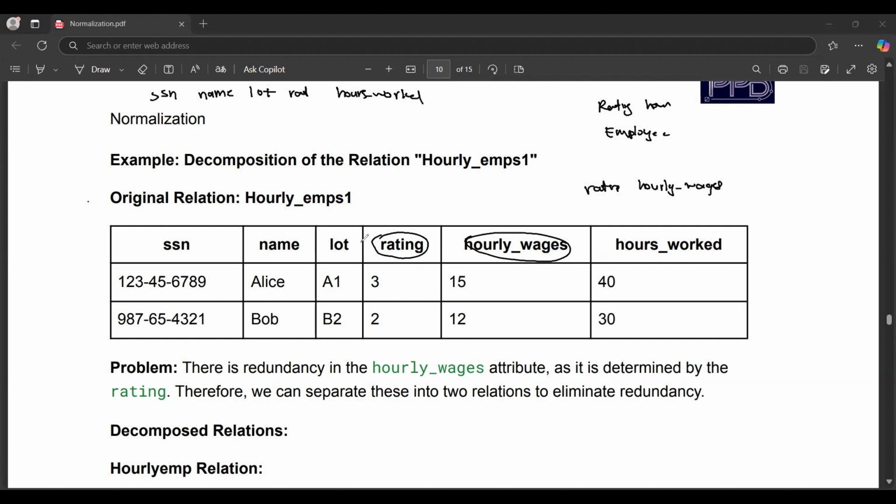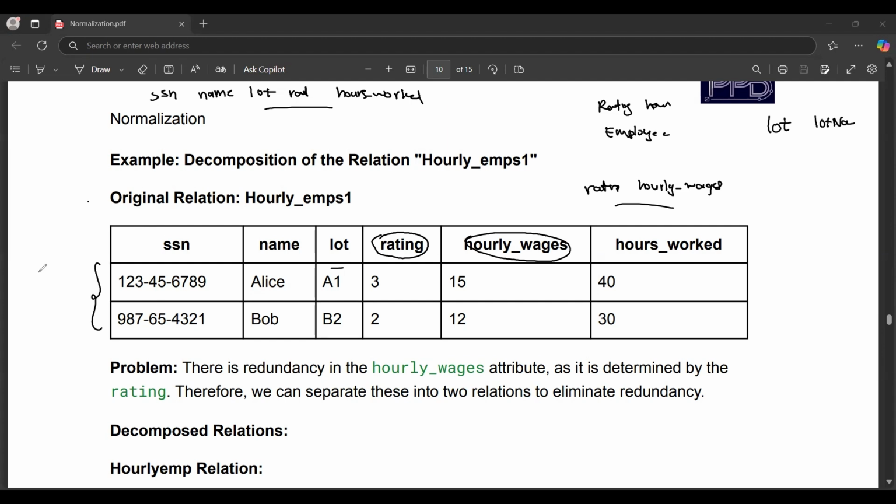Also, we can have another relation. Maybe there is another relation that's called lot and their name, lot name. Who knows? We don't know, but it's fine. If we decompose like this, that makes sense, and the natural join will also result in only these 2 rows.